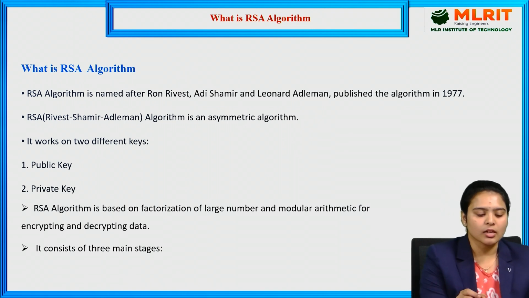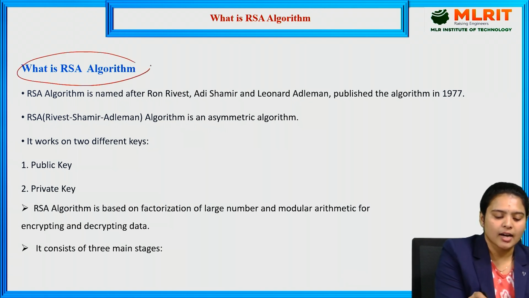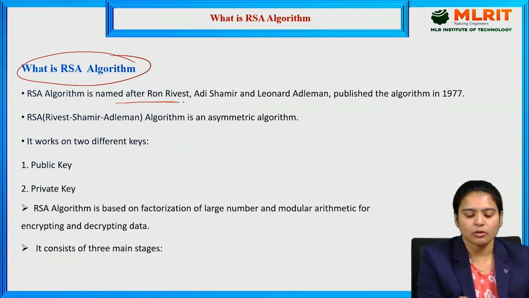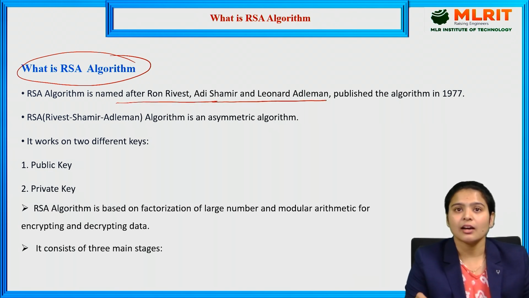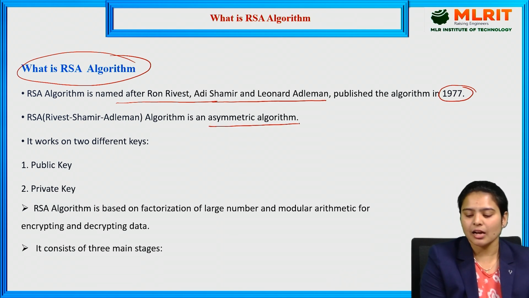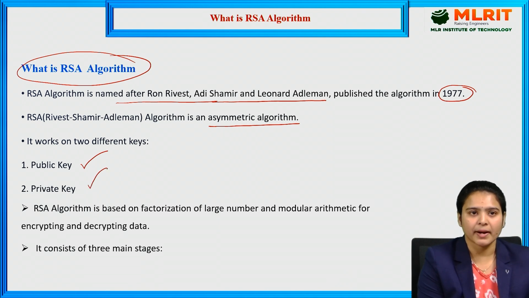So, coming to what is meant by the RSA algorithm. RSA stands for Ron Rivest, Adi Shamir and Leonard Adleman, and it was published in the year 1977. RSA is an asymmetric algorithm and it works on two different keys: one is the public key and another one is the private key.